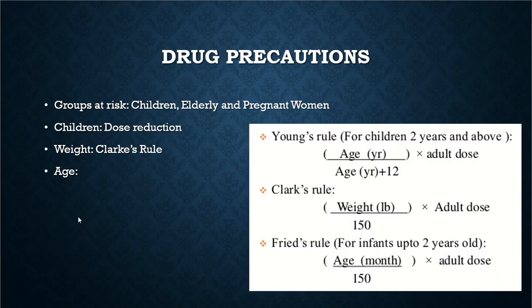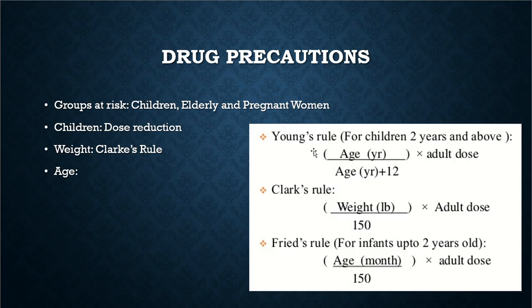Now, let's say I want to prescribe a medication for a young child. How can I do it? There are multiple rules, but we can have a simple way of knowing it. Clark's rule is the most commonly used: weight in pounds over 150 multiplied by the adult dose.